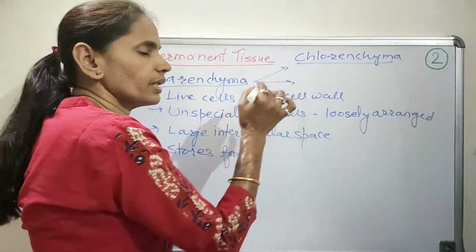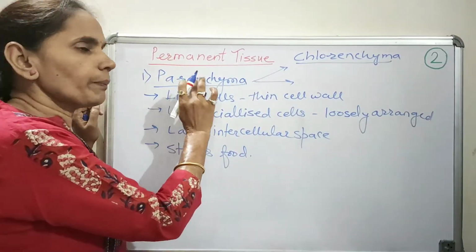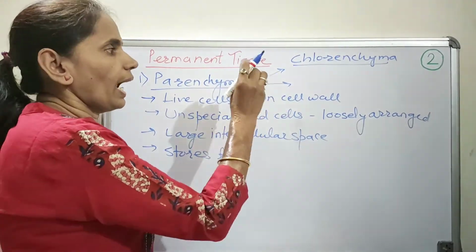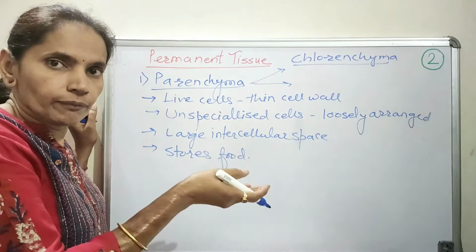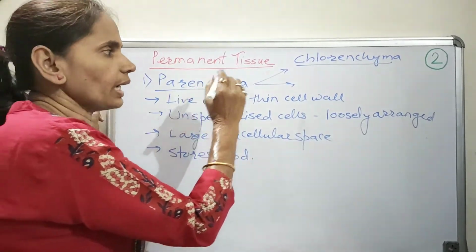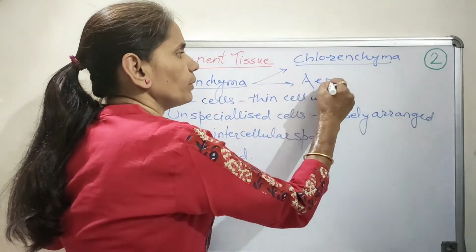Now in certain aquatic plants, these parenchyma tissues have air spaces and they help in the floating of that plant within the water. In that case, the parenchyma is known as aerenchyma.